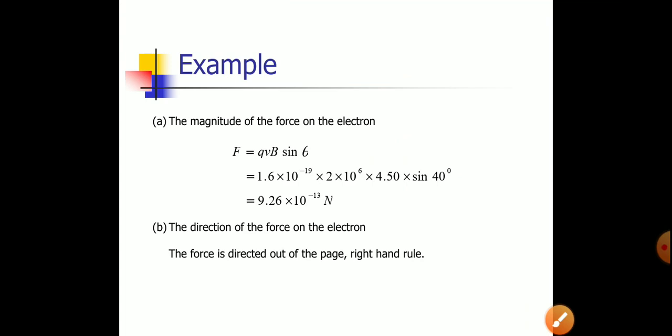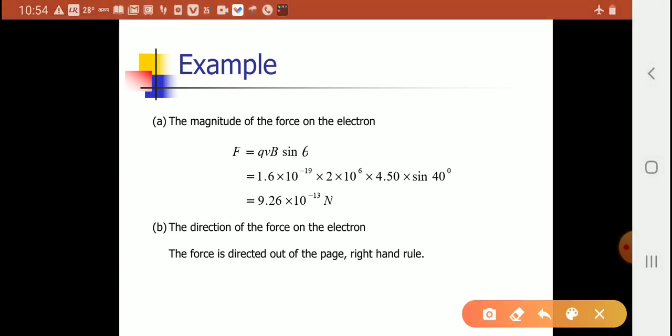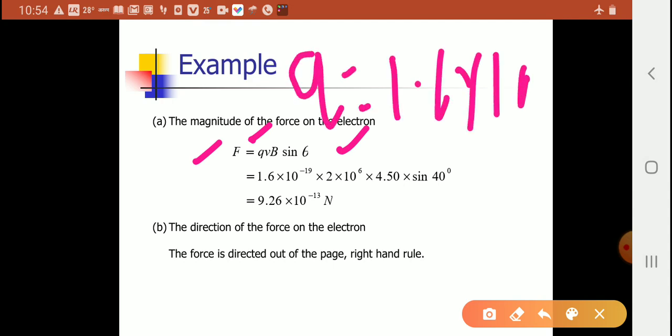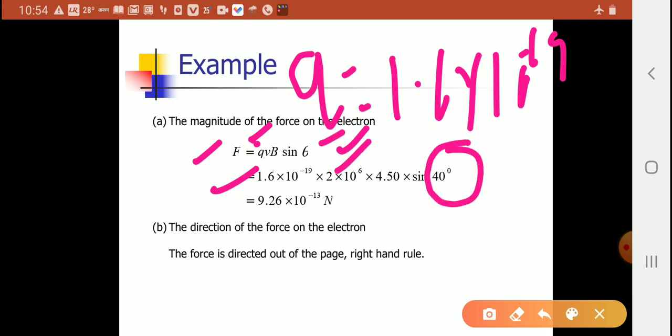Again, first, the magnitude of the force on the electron. The formula of force on a moving charge is F equal to QvB sin theta, right? The Q value equal to 1.6 into 10 to the power minus 19. So we put in this value Q, v 2.00 into 10 to the power 6, and B 4.50 into sin theta, 40 degrees, right?